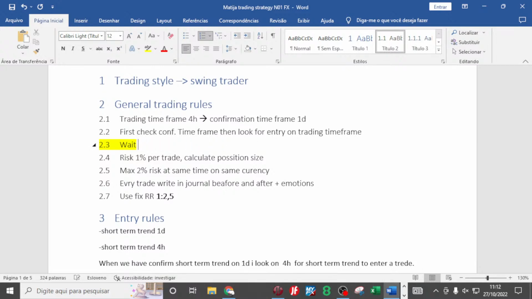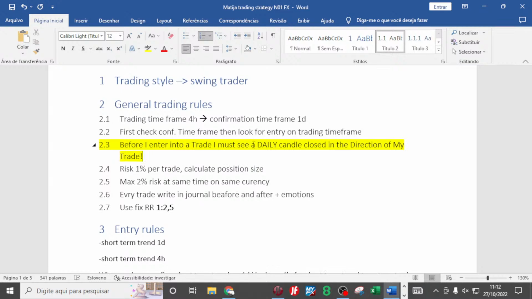So we're going to write, before I enter into a trade, I must see a daily candle closed in the direction of my trade, right?